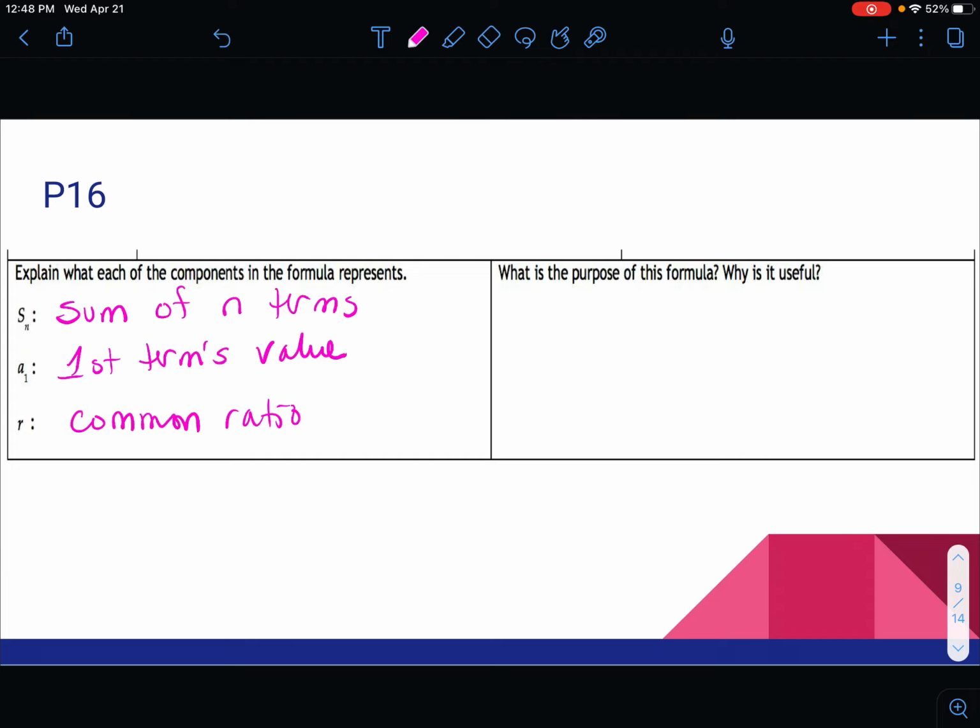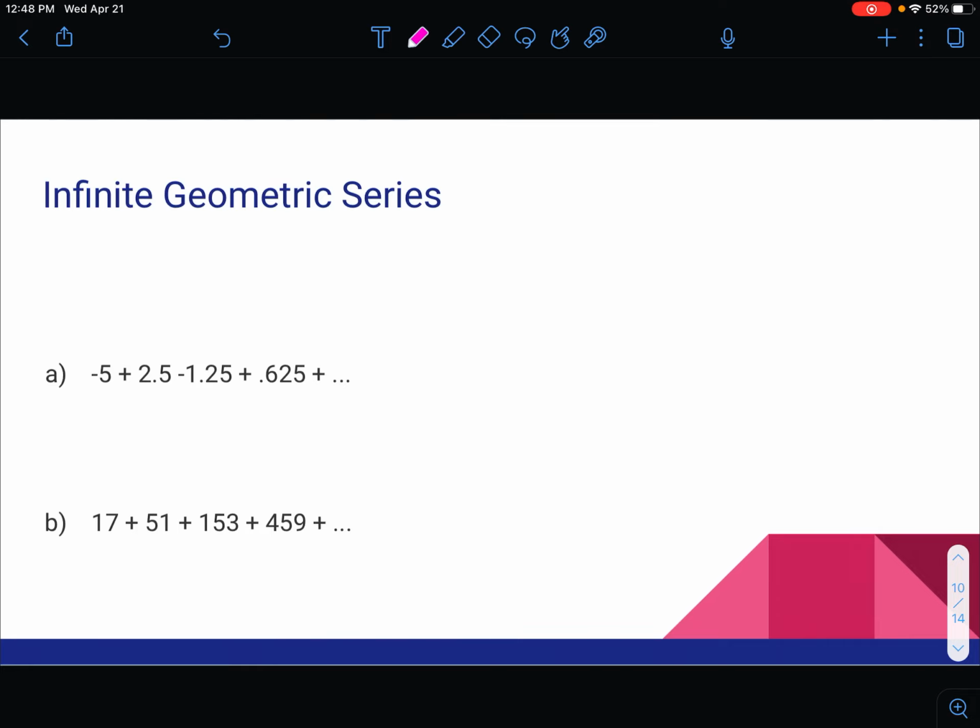So for something like this, we don't want to list out 50 terms and add them all together. So this allows us to be more efficient in actually using this formula. If it's only 3 terms, sure, list them out, whatever. But if it's 50 terms, there's no way we're going to want to take the time to calculate all 50 terms and then add them all together. So this is something that is going to help us with efficiency. Okay, now we're going to look at infinite.